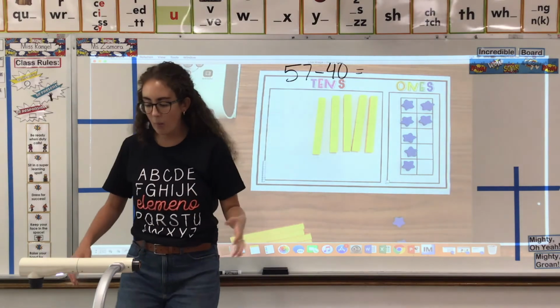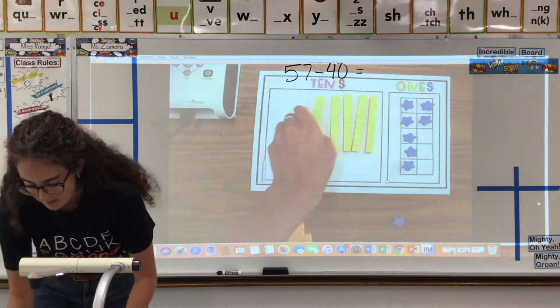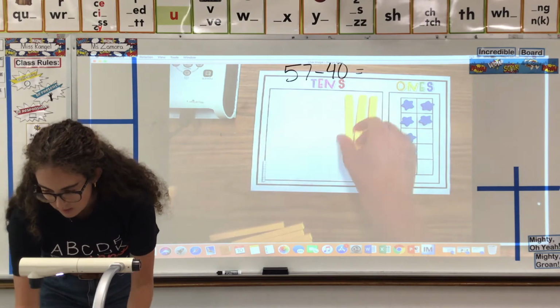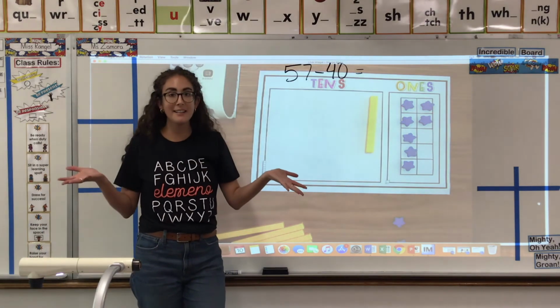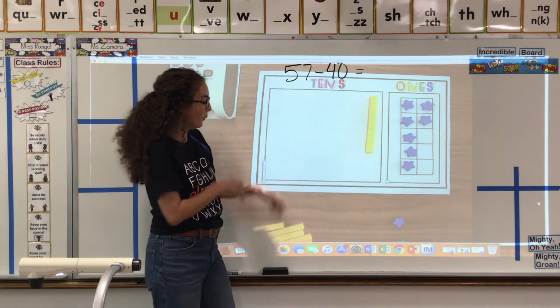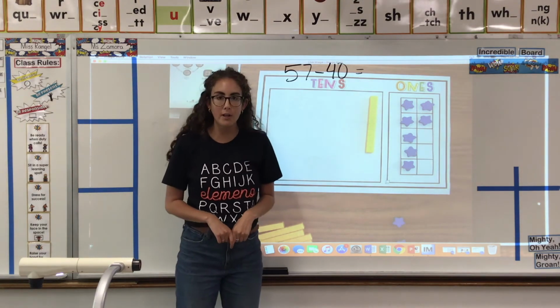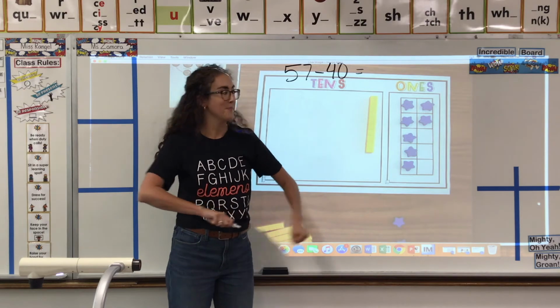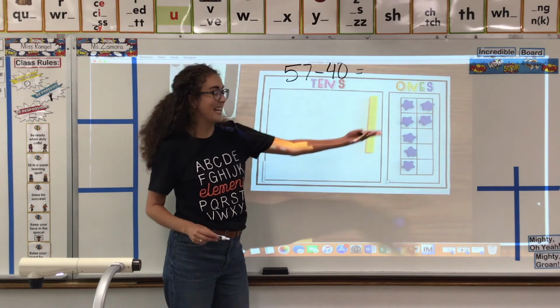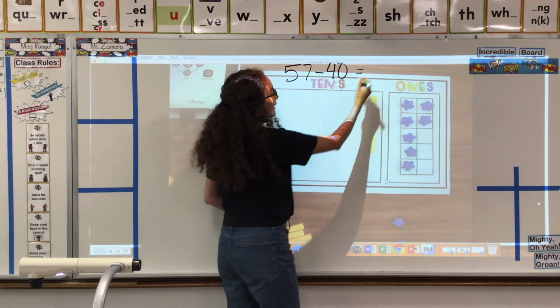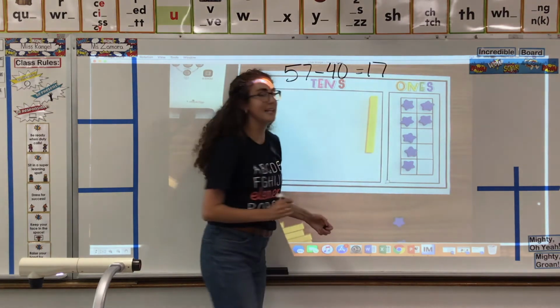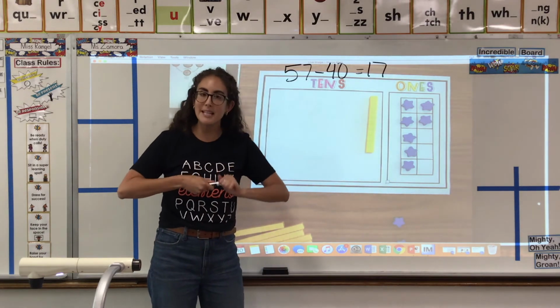Let's do that. Take away 40. 10, 20, 30, 40. Ta-da! Now, what are we left with on our chart? 17. 10, 7. We have just 17 left on our place value chart.